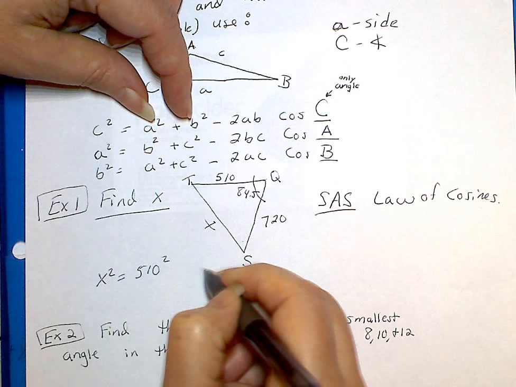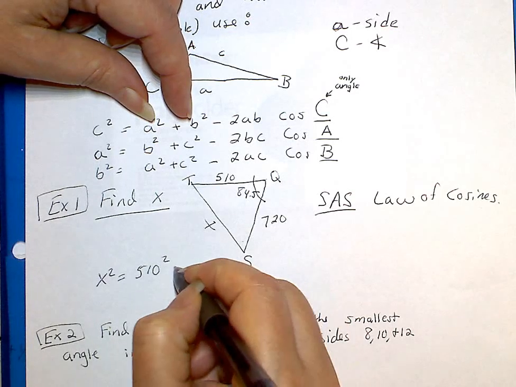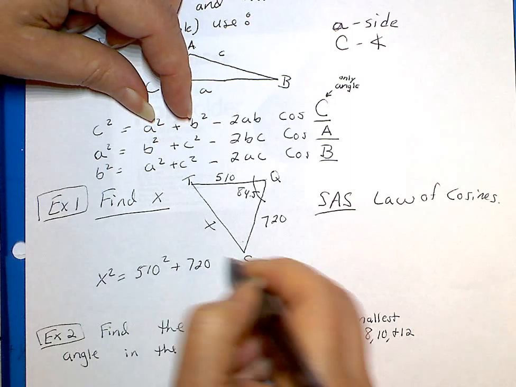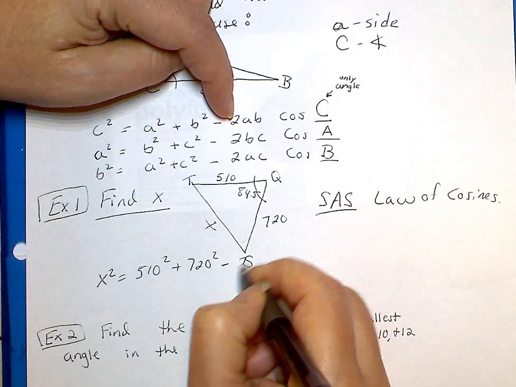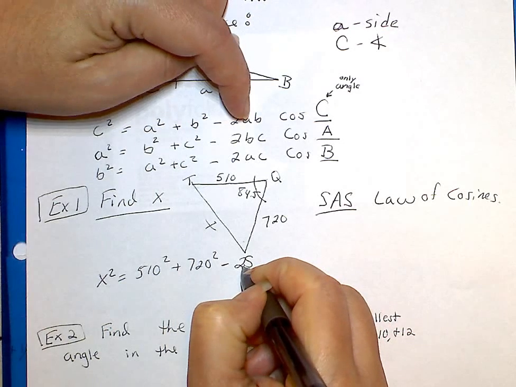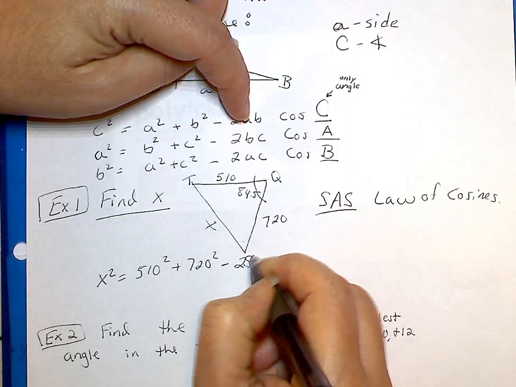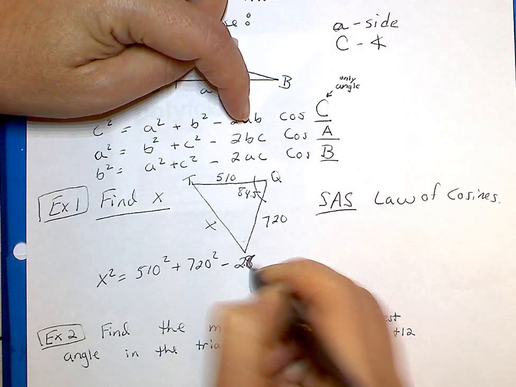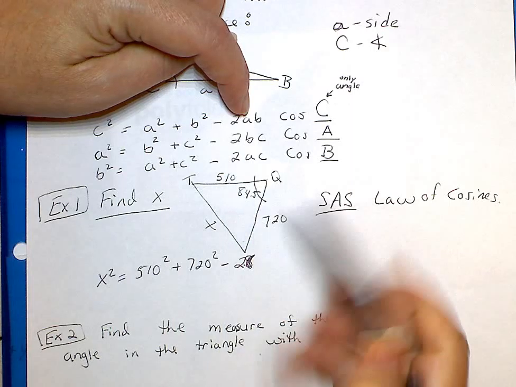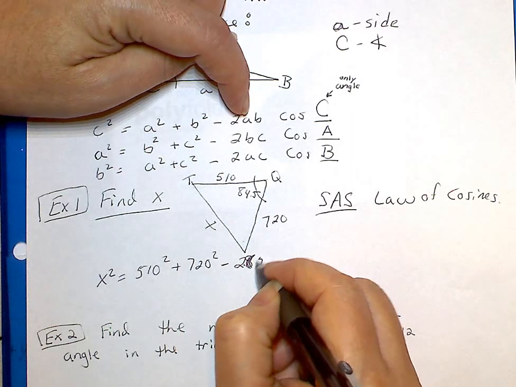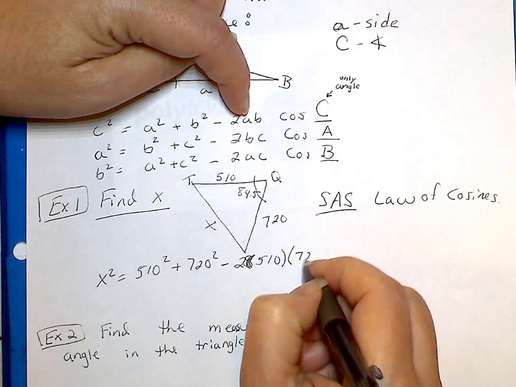And what's the other side? 720 is right, and I'm going to square that, minus 2, and it says to multiply the two sides together. So I'm going to multiply 2 times 510 and 720.